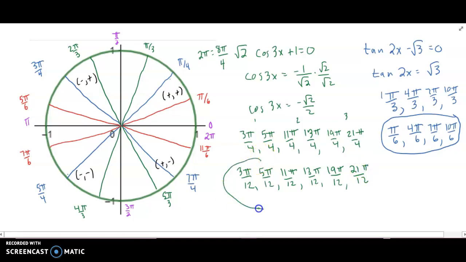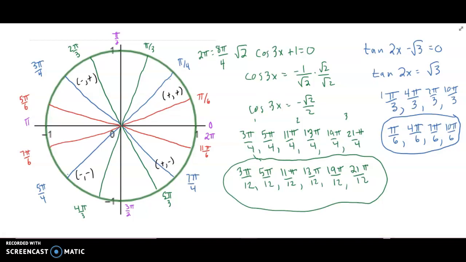I expected to have 2 solutions, and I ended up with 6 solutions. Because again, that 3x means I have 3 times as many solutions as I normally would have, because that graph has been shrunken down and occurs 3 times as fast as it normally would.